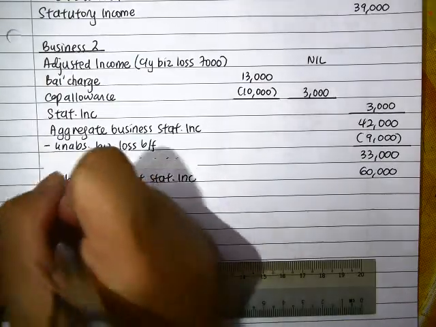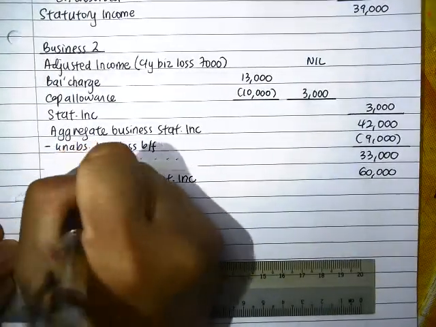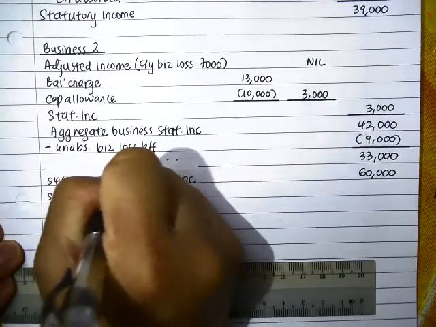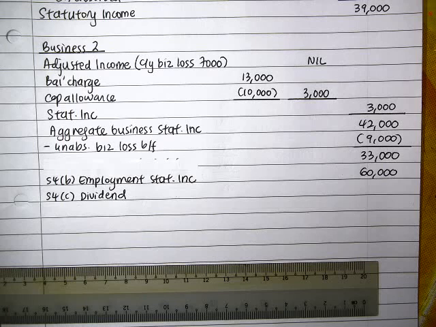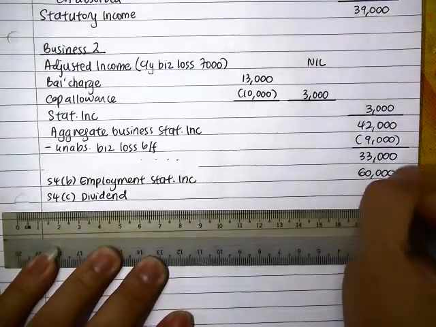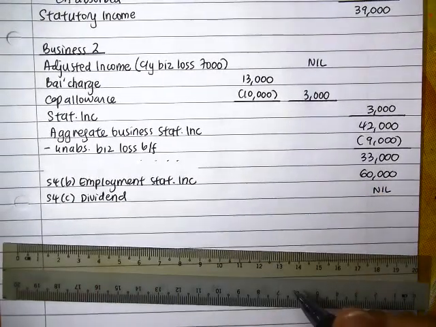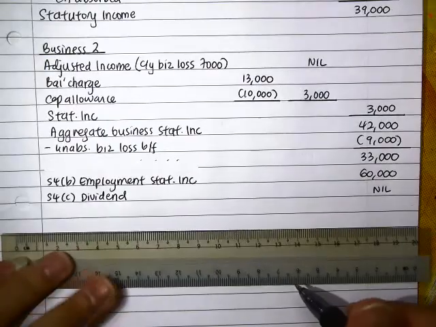Okay, now then we have 4C, dividend. Dividend in F6 is really simple, right? All dividend in your exam is tax exempt. You don't pay tax on the dividend, so you just need to show a nil in the answer, that you don't tax the figure.